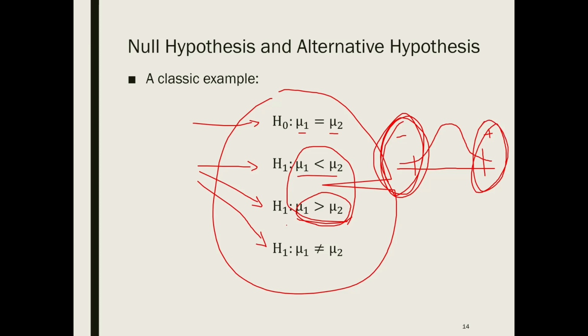Or there is another way to state the alternative hypothesis: there is a significant relationship between the dependent variable and the independent variable. However, I don't know what the relationship looks like. I just know that the two are different. The population mean in population one is different from the population mean in population two.